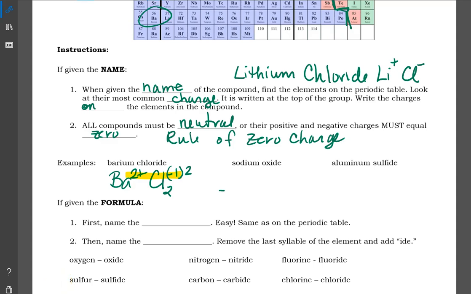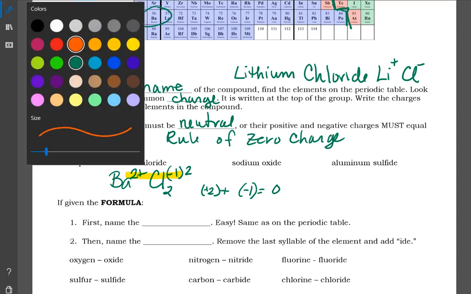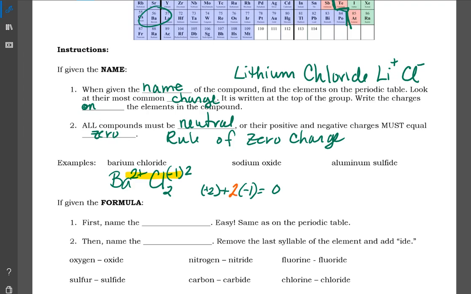If our charge is in parentheses, and we add that to the negative charge, does that equal 0? No. But if we multiply this by 2, 2 minus 2 is equal to 0. So this multiplier tells us how many chlorides we have and how many bariums.